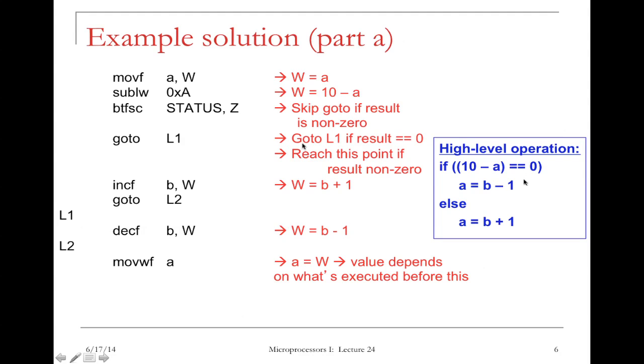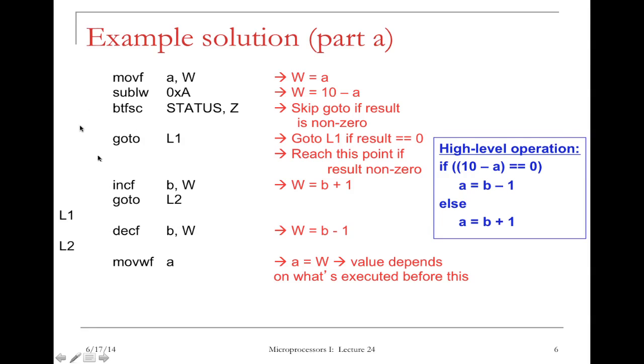If it is 0, then we're going to do B minus 1 to A. Otherwise, we're going to do B plus 1 to A. So the takeaway message of this example is that oftentimes, after this BTFSC or these conditional branching instructions, you will see a go-to instruction, because depending on the checking, we may skip this instruction or not.